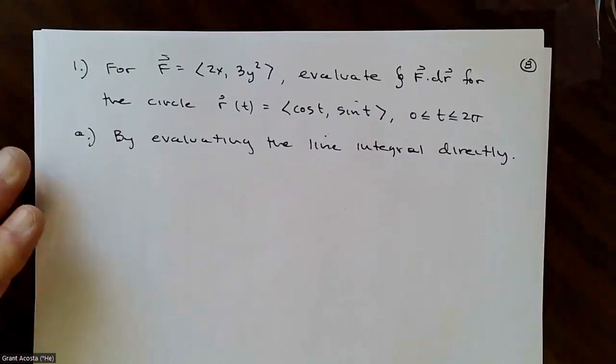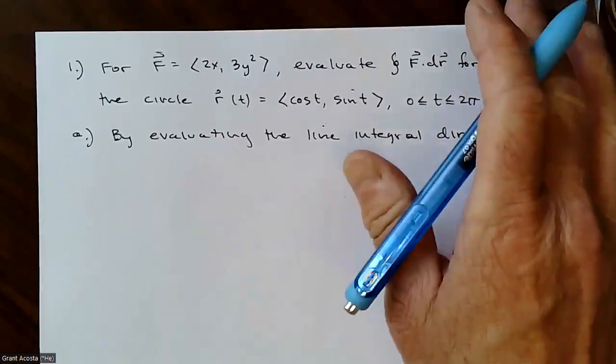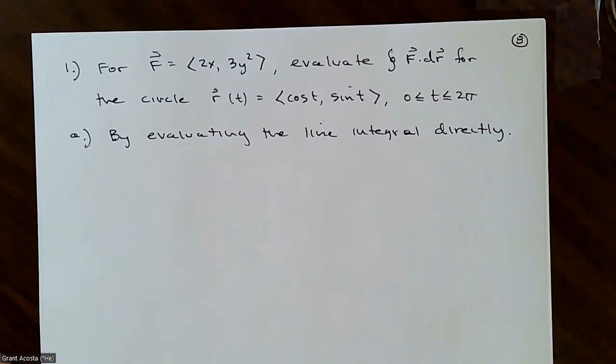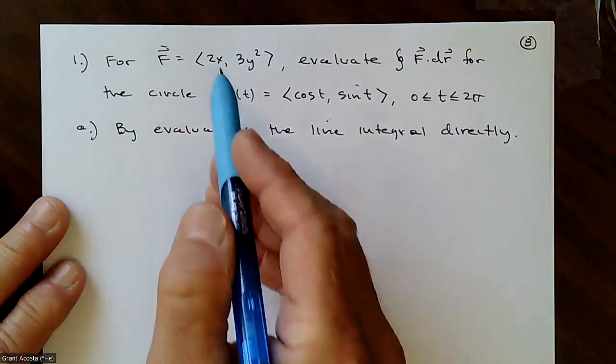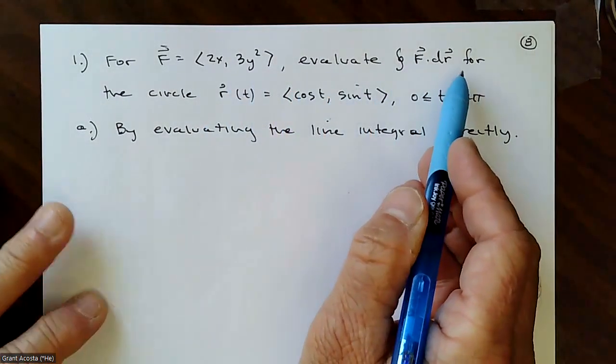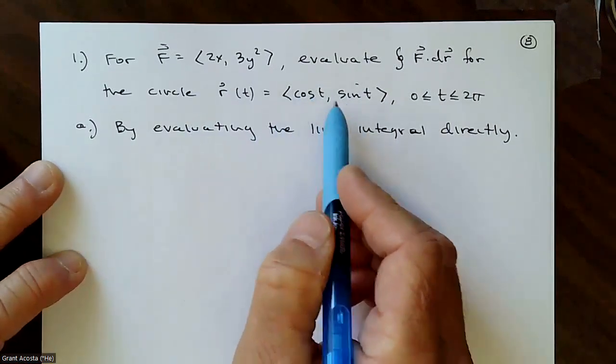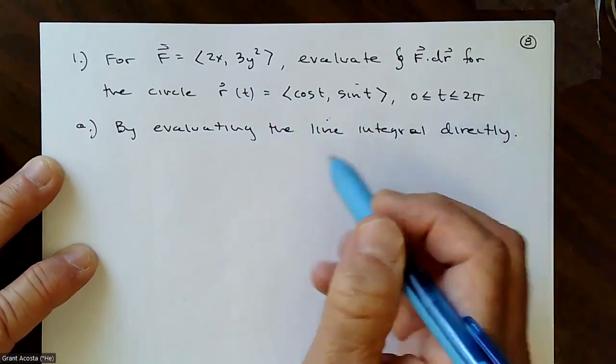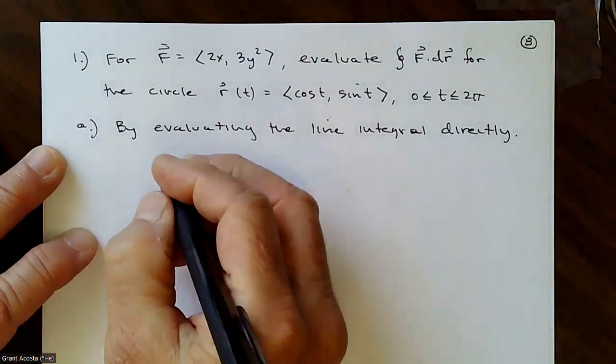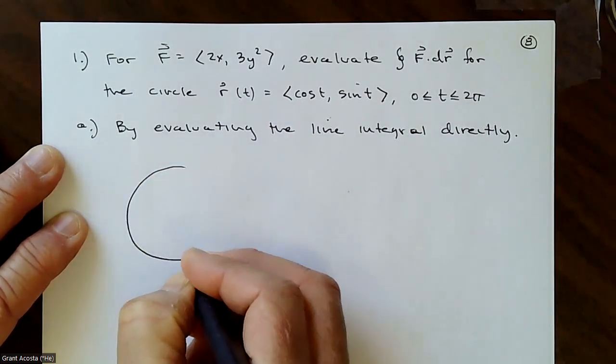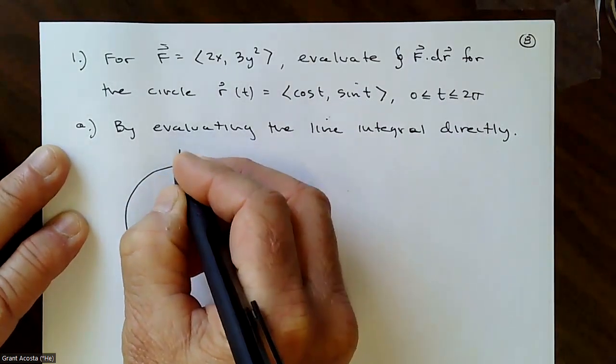What better way to see that in action than to just do an example. So here's my field f. I want to evaluate this for the circle cosine t, sine t from 0 to 2 pi. That's just your unit circle. We've worked with that one plenty of times.